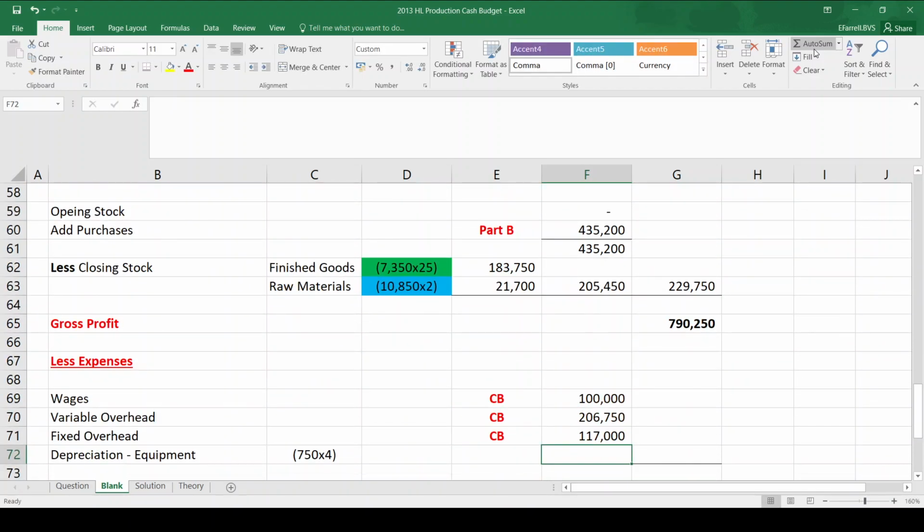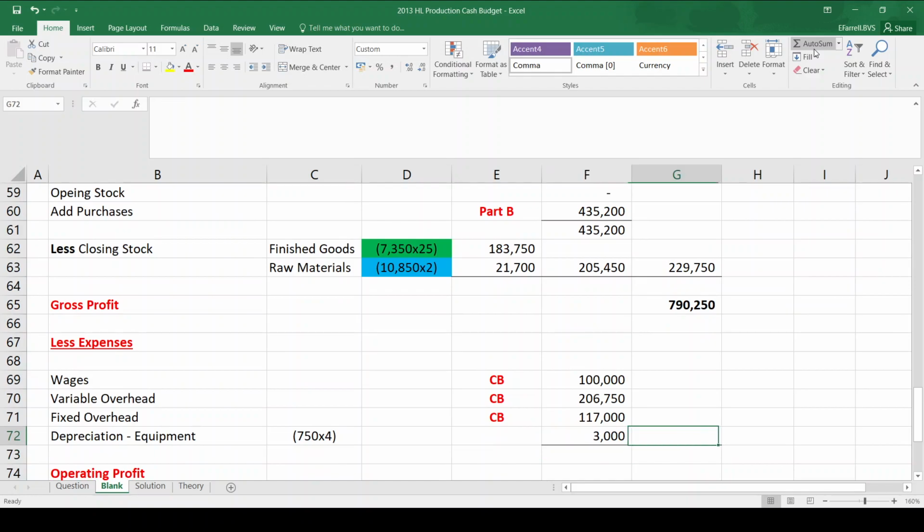As I said before, equipment will not go here because it's not an expense, it's a fixed asset. And depreciation we worked out already in the cash budget. Remember, we had to take it away from the fixed overhead on 750 a month. That doesn't go in a cash budget because it's a non-cash item, but it is an expense. So it's going to be 750 by 4 because we're only doing 4 months.